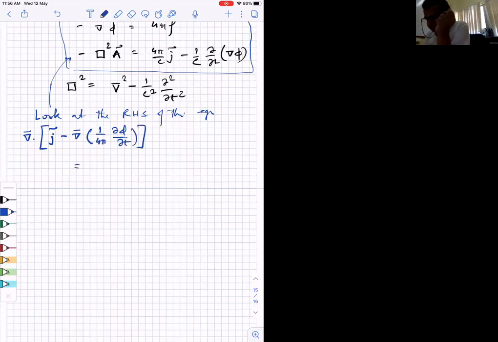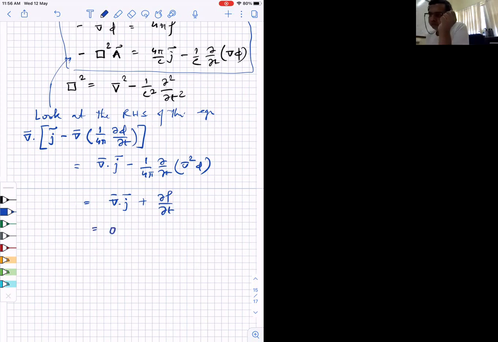This becomes divergence of J minus 1 by 4 pi del del t of grad squared phi. This is divergence of J plus del rho del t, and this is equal to 0.